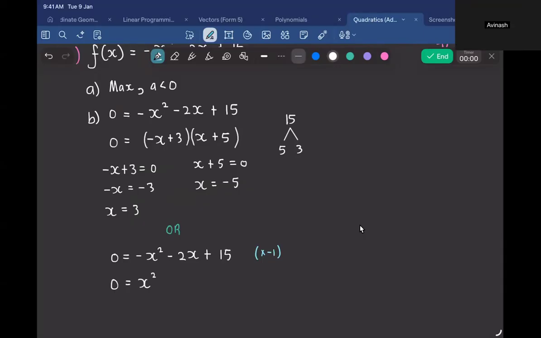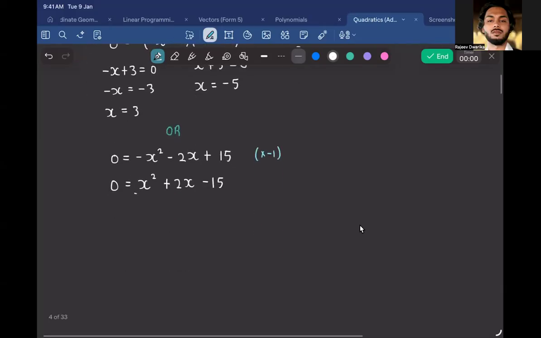Positive 2x. Okay, what is plus 15 by negative 1? Negative 15.